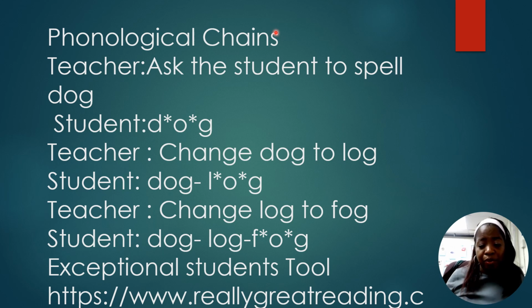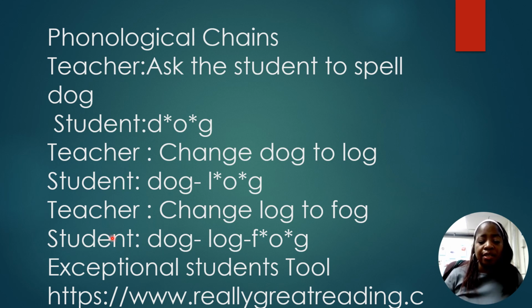So let me give you an example. First, you as a teacher would ask the student to spell dog. And the student would say D-O-G. The teacher would say, change dog to log. And the student would say, dog, and I want to make it log, so I would take away D and put in an L, so that would be L-O-G, log.